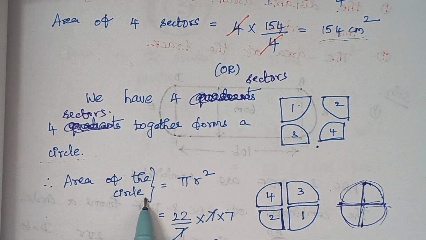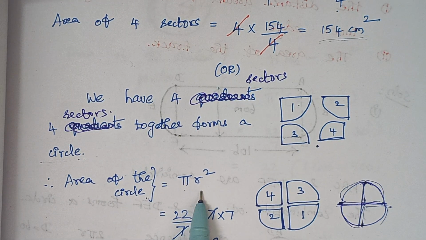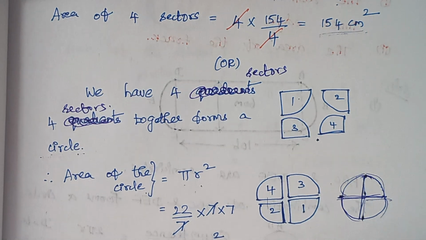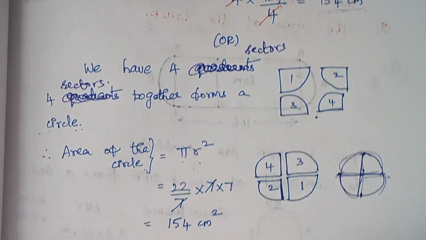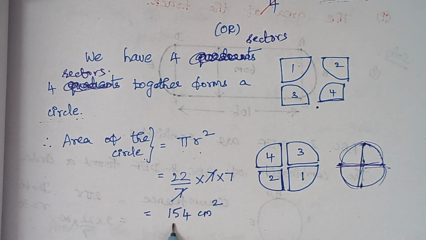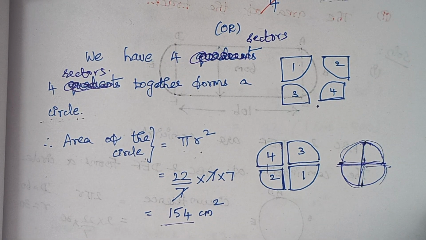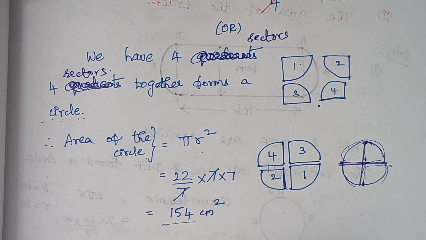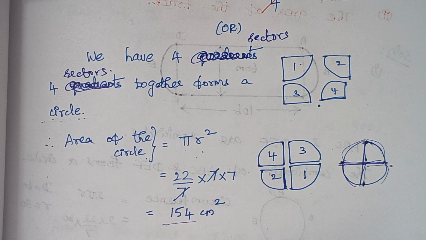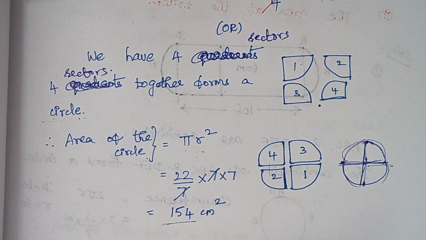So the area of the circle is pi r square. What about the radius here? It is 7. When you substitute the value, we end up with the same answer, 154 centimeter square. The reason I combined all these four sectors is that they all have the same radius.